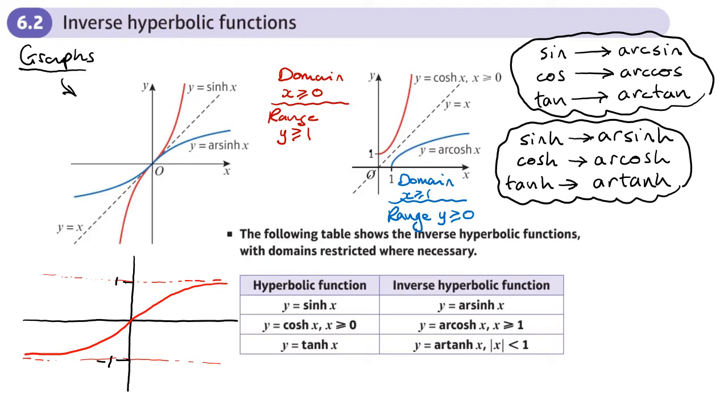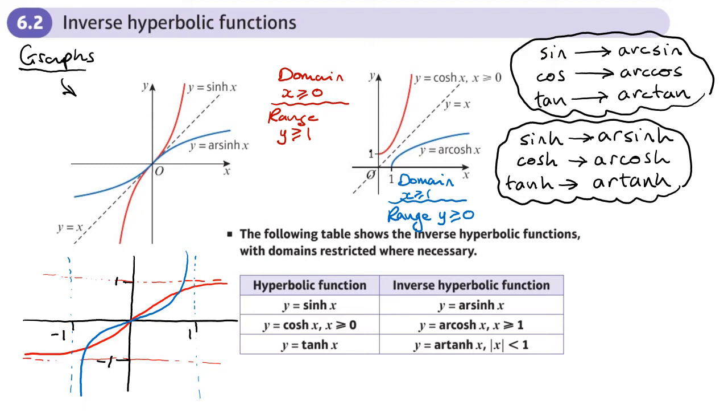So the inverse will have asymptotes at 1 and -1, but on the x-axis, so let's put those in, 1, -1. So if that graph that we've got for tanh gets reflected in the line y equals x, we end up with something like this.